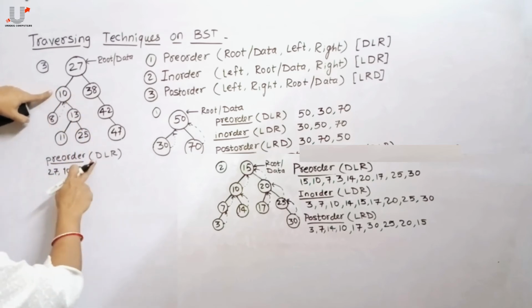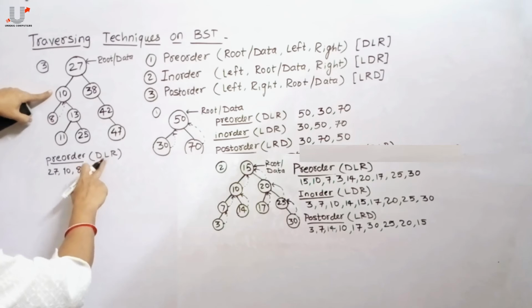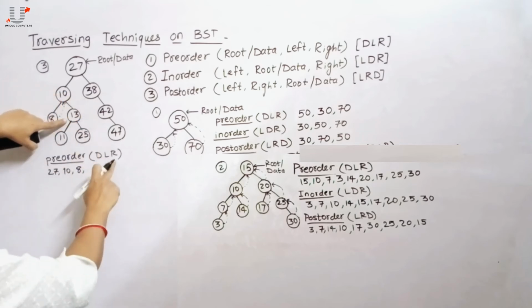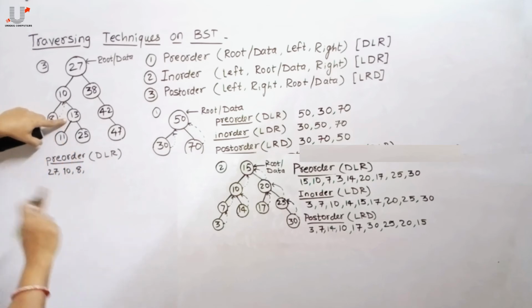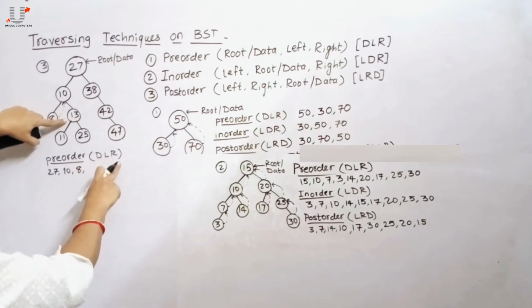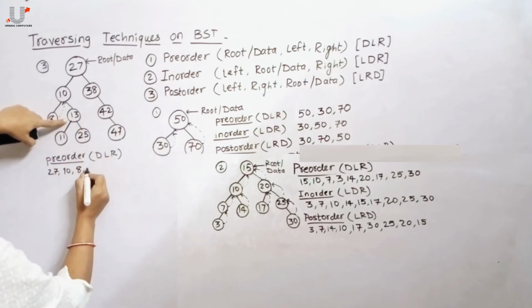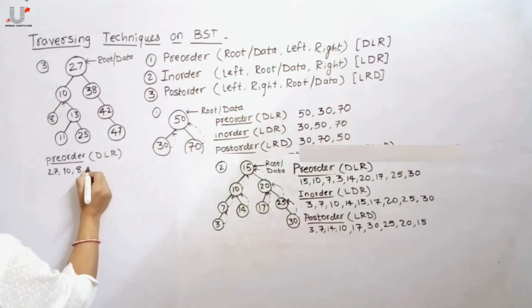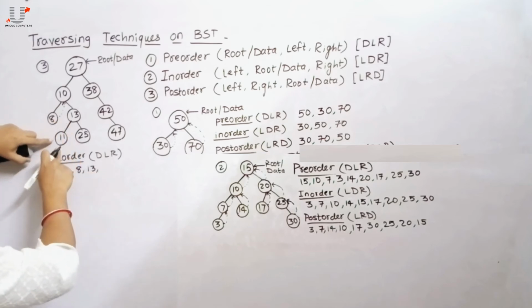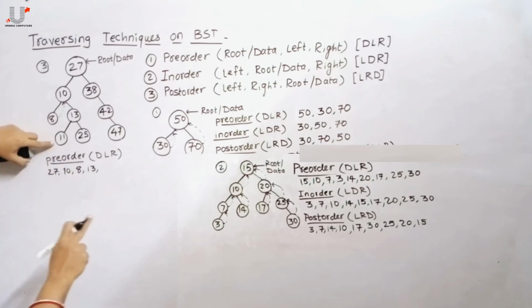On 10, data has already been processed and its left subtree is processed, so move to its right subtree as it has an unprocessed right subtree. So again on this 13, DLR takes place. D means data itself gets processed first, that means 13 gets displayed, then it will move to its left subtree as 11 has not been processed yet.